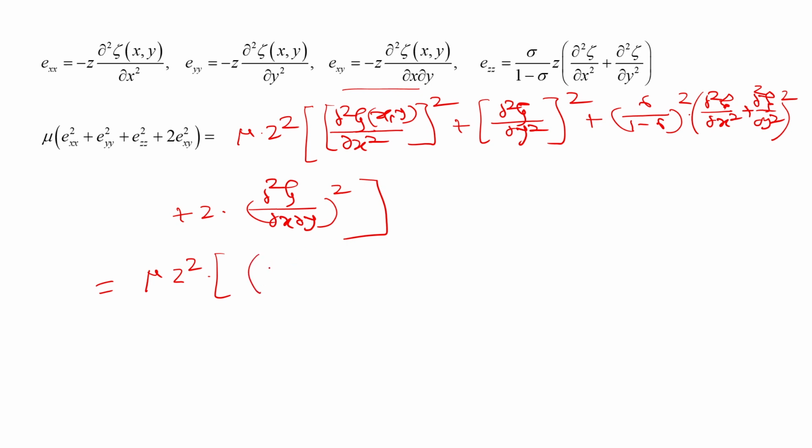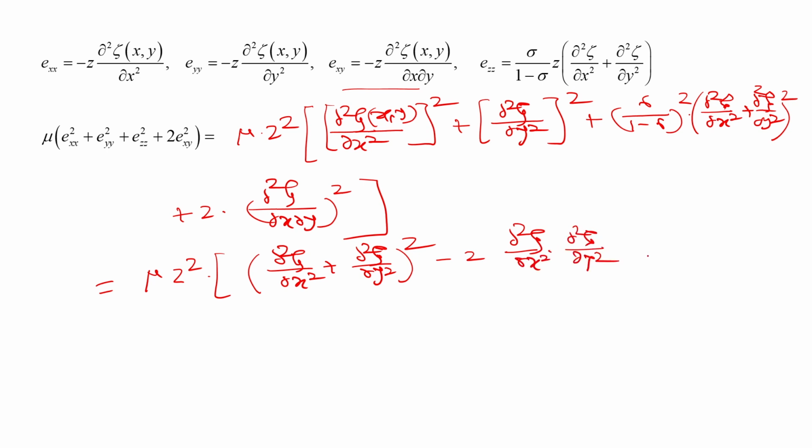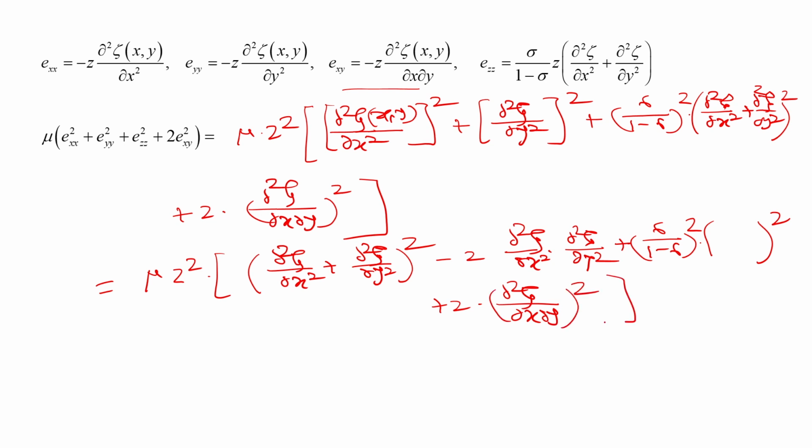Let us write it to be del square zeta by del x square plus del square zeta by del y square whole square minus 2 into del square zeta by del x square into del square zeta by del y square, okay, and then here plus sigma by 1 minus sigma whole square into this square plus 2 into del square zeta by del x del y square.